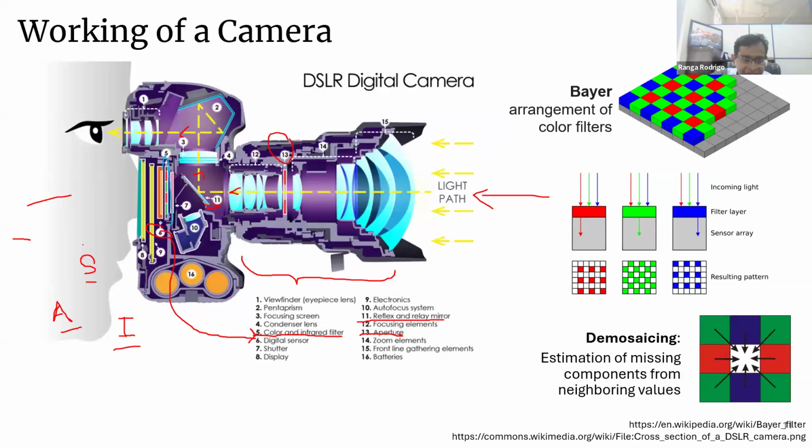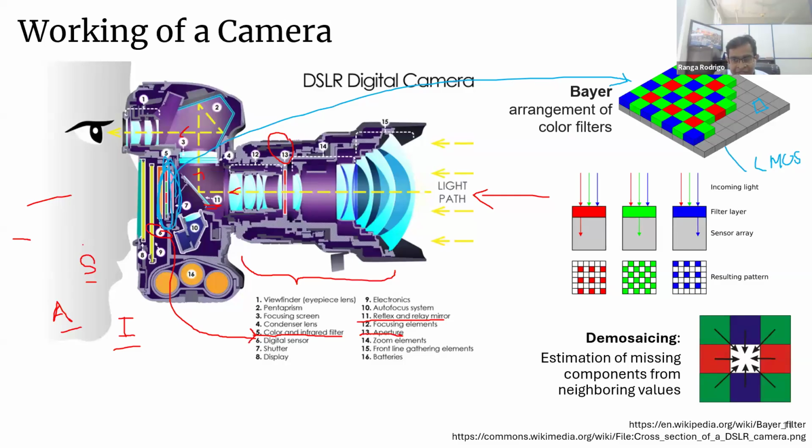What you see here is a filter, and that one is, you can see here. So this is the CMOS sensor. So you can see it has elements. Each of these elements is a pixel. So on top of them, you can see there are filters.